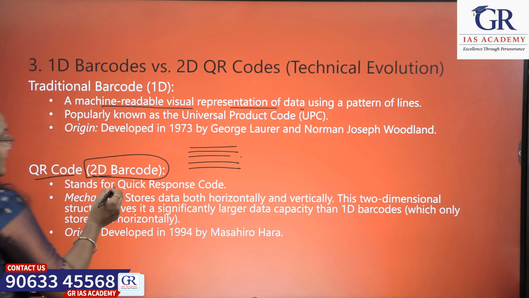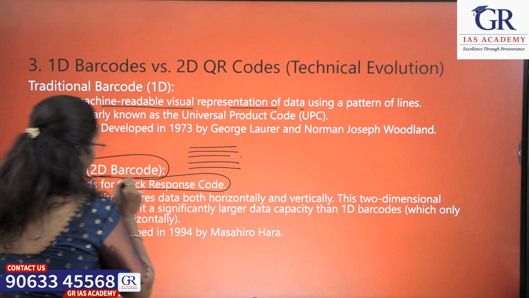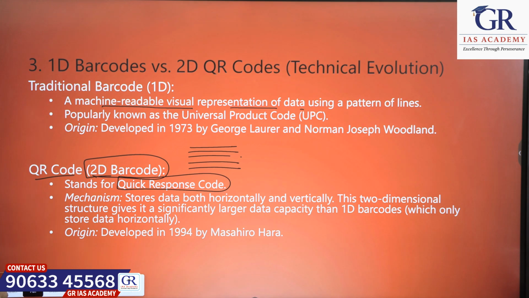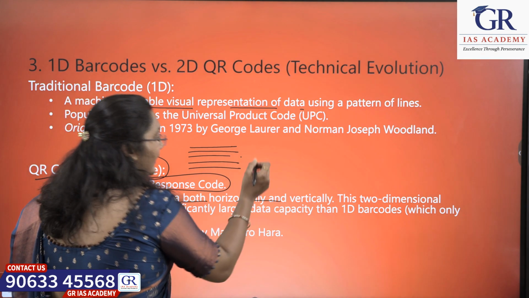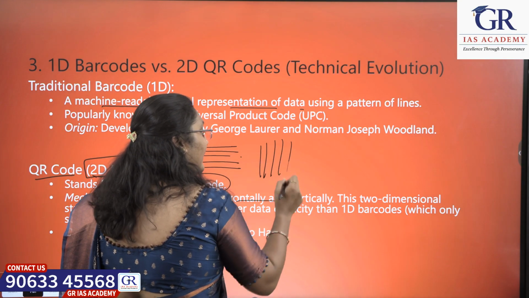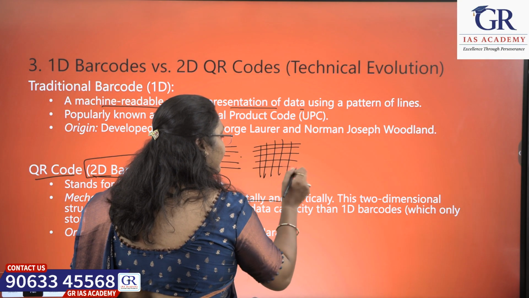The 2D barcode stands for Quick Response code. What is its mechanism? It stores data both horizontally and vertically.